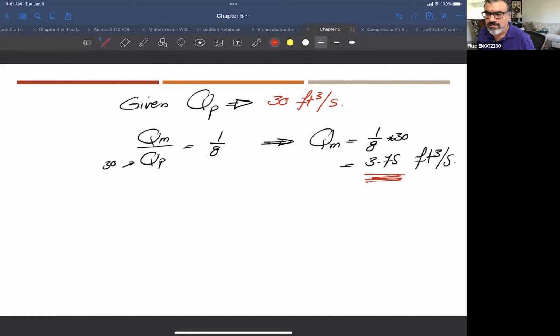You have small scale benches and small valves and piping. You know that it costs some money to run this whole setup. Imagine now you need to run that much flow rate. This is a very high flow rate, right? 30 feet cubed per second is huge. So how about if you have 3.75 feet cubed per second? How about if you have a limitation in your lab?